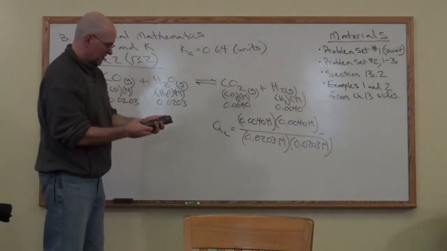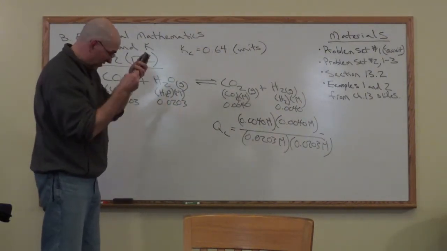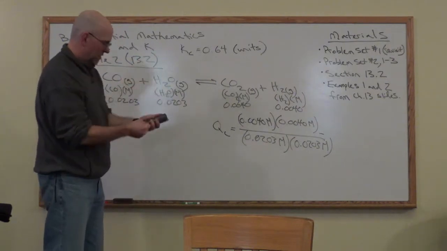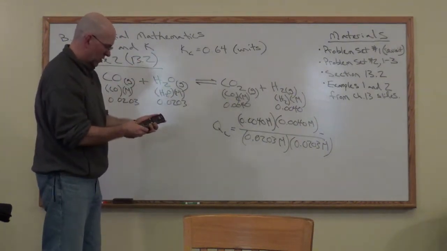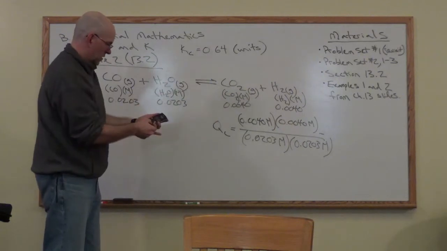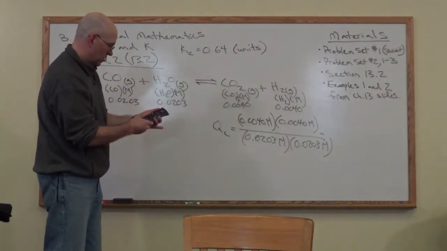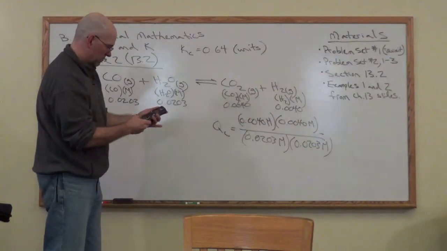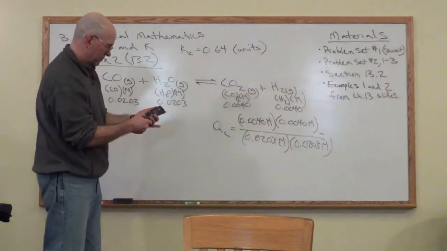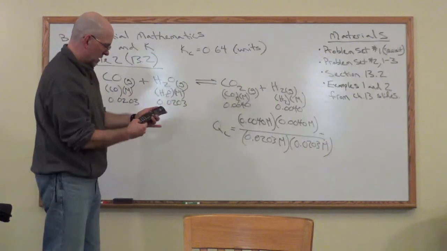So this is 0.004, and that's really squared, isn't it? Well, I'll just do times 0.004 divided by the quantity 0.0203 times 0.0203 parentheses.